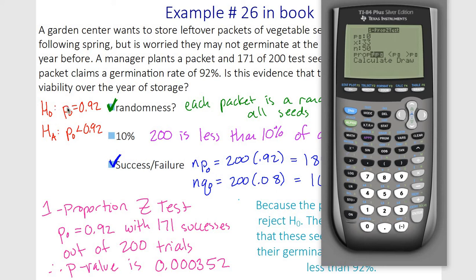All right, your parameter is 0.92. Then our x is, let's see, we had 171, think of it as successes out of 200 trials, and we want to do less than. So make sure you highlight the correct one and calculate.